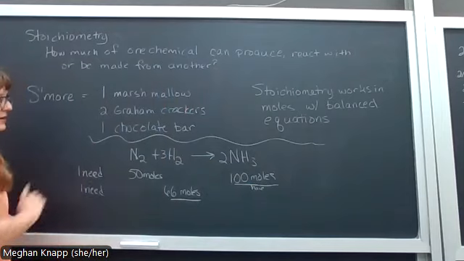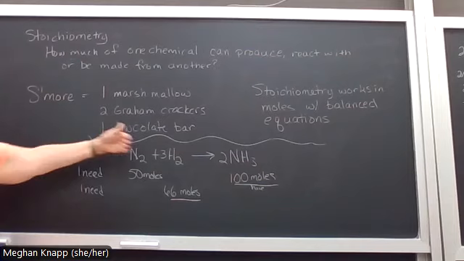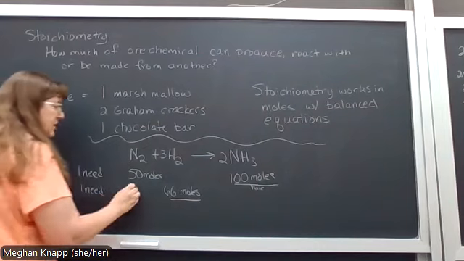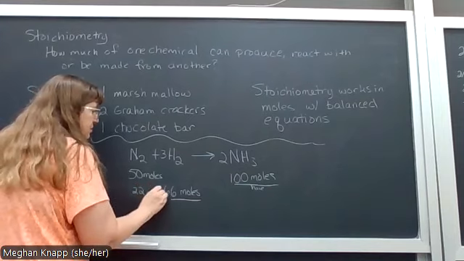So I need how many moles of nitrogen? Well, I have 3 times as many hydrogens as nitrogens. For every 1 nitrogen, I need 3 hydrogens. So what am I going to have to do to this 66 to figure out what I need? Divide it by 3. So this is going to be 22 moles.